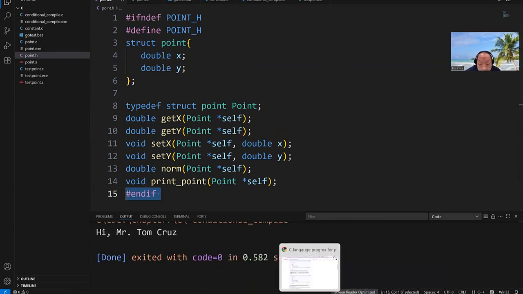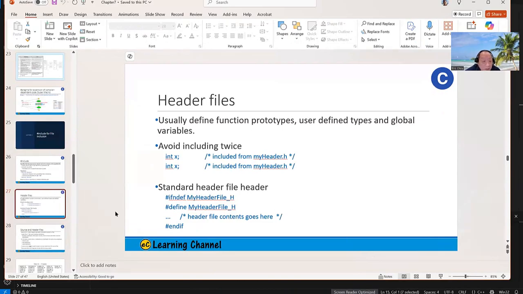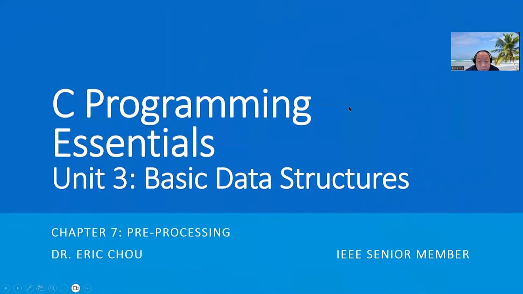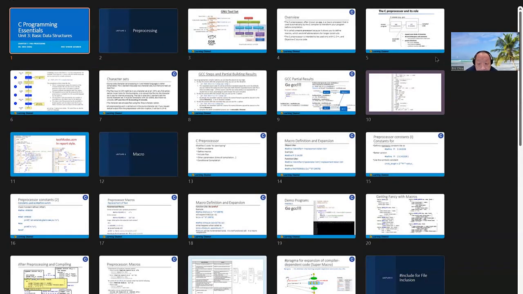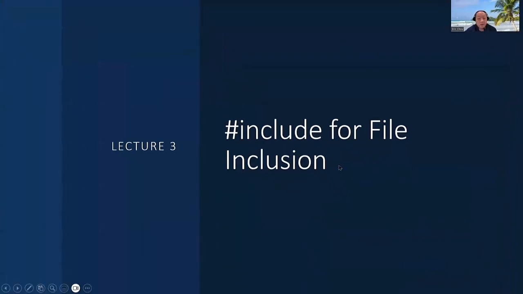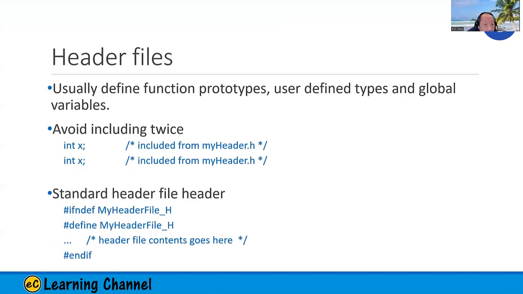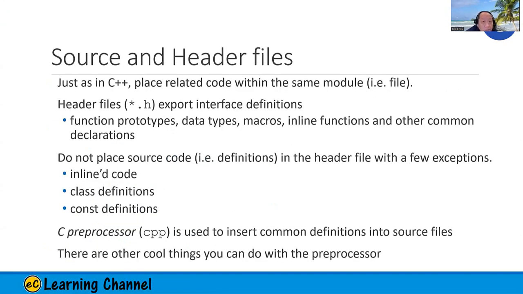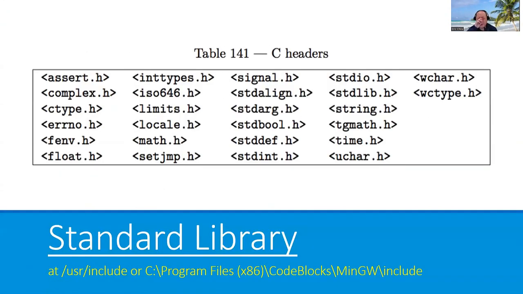We will have homework to do that, okay? You need to try compiling multiple files together, okay? So that's the inclusion. In C language, C plus plus language all have it, okay?